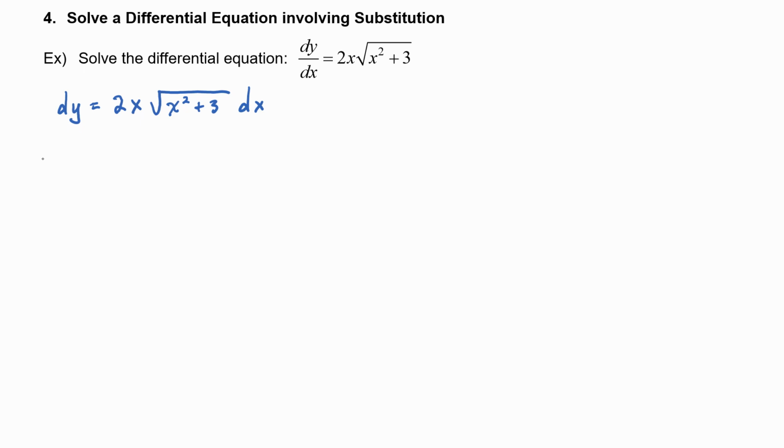Now we can integrate each side. So we take the integral of dy, and that's going to be the integral of 2x times the quantity x squared plus 3 to the 1/2 dx. Now remember that we will get a plus c from the left-hand side and another plus c from the right-hand side, and what we will do is combine them both into 1 plus c on the right-hand side.